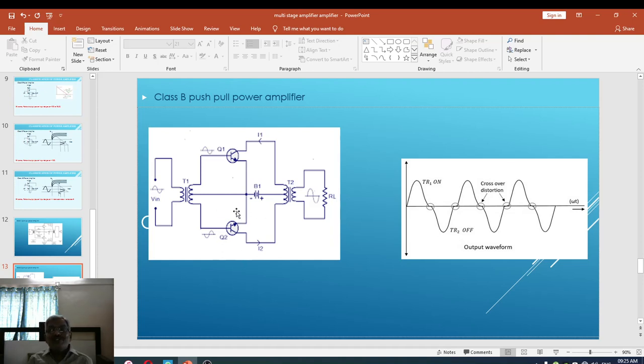Hence transistor Q2 will start conducting the current IC2, whereas transistor Q1 doesn't conduct the current IC1. IC2 flows only through the half part of the primary winding of the transformer, whereas no current flows through the upper half of the transformer T2.